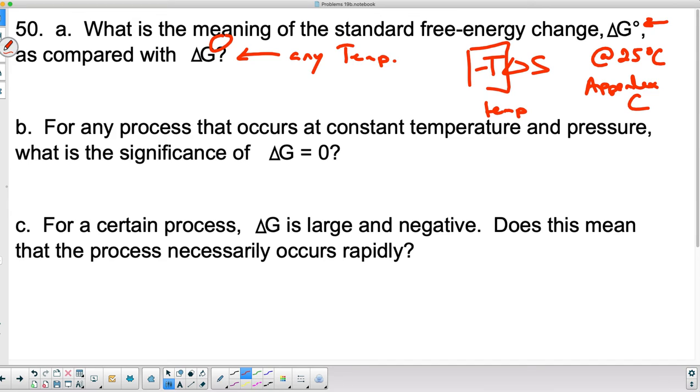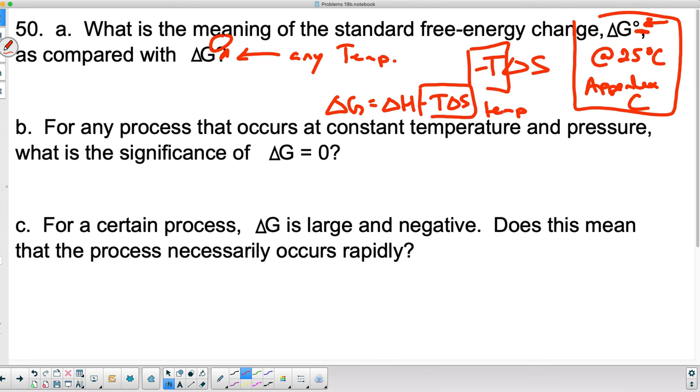This part right here, if you remember, I'm pretty sure I talked about this already, the delta H minus T delta S. It's this part right here that makes the difference between not having the degree sign and having the degree sign. And this one is at 25 degrees Celsius. So that's what we're talking about.